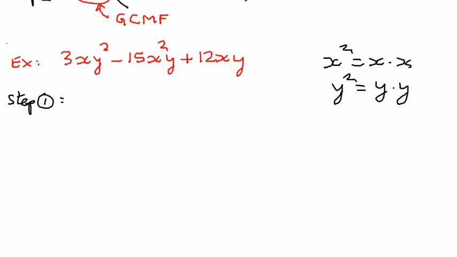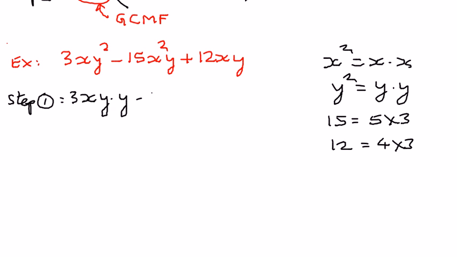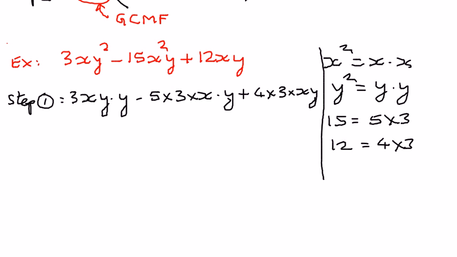If I have 15, I can write that as 5 times 3. If I have 12, I can write that as 4 times 3. So therefore, I can write this as 3xy times y minus 5 times 3 is 15 times x times y plus 4 times 3 is 12 times x times y. That is the way we want to write it out.